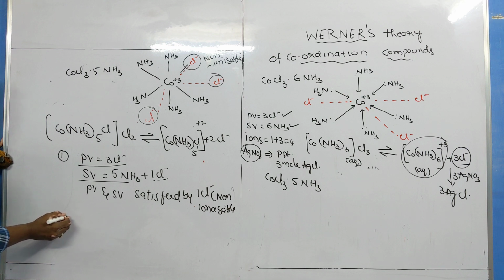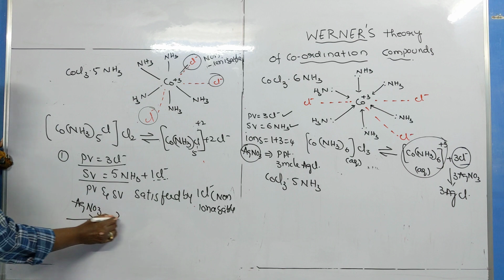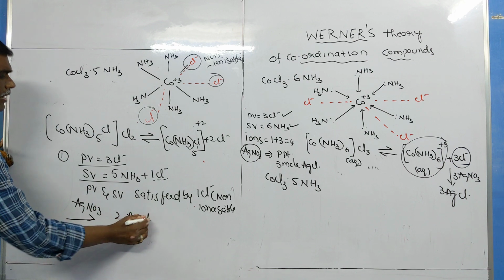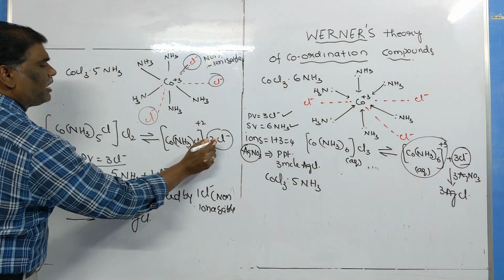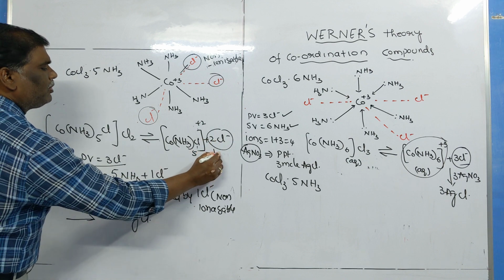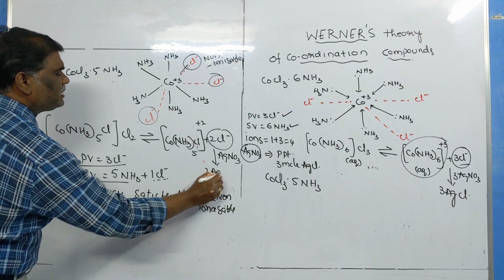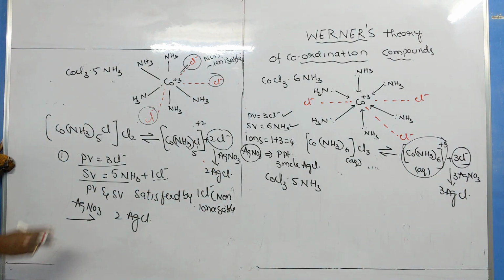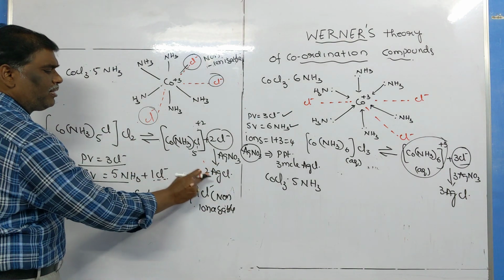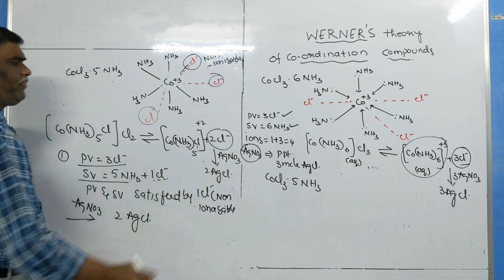When it reacts with AgNO3, it forms 2 moles of AgCl only. Why? Because 2 chlorides are available. So one mole of the complex forms 2 moles of AgCl.